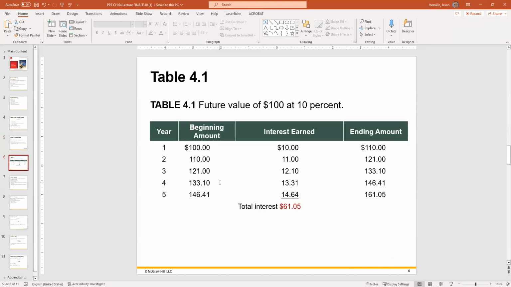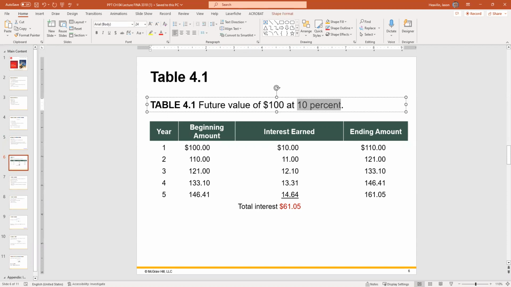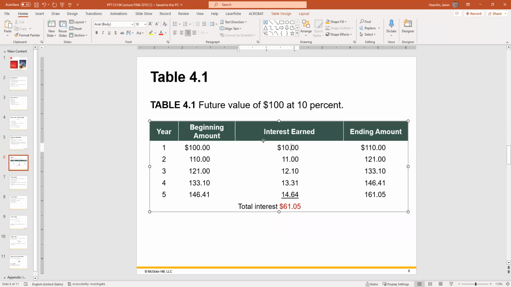Here's an example of compound interest. You have the $100 that you start with in year one, and it's 10%. So you earn $10, 10% of $100, for $110.